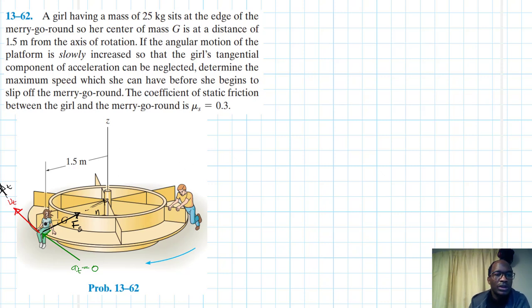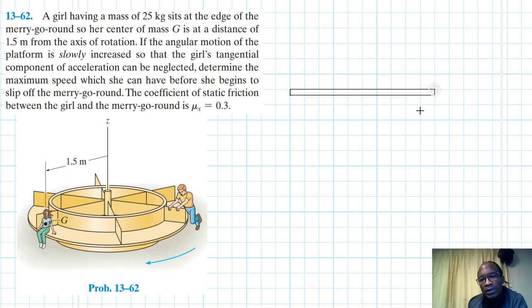Right, so we'll just redraw it here. So this is what we are talking about. Let me say I have this up to there, we make it 10, up to there. All right, so this is the thickness of the merry-go-round.